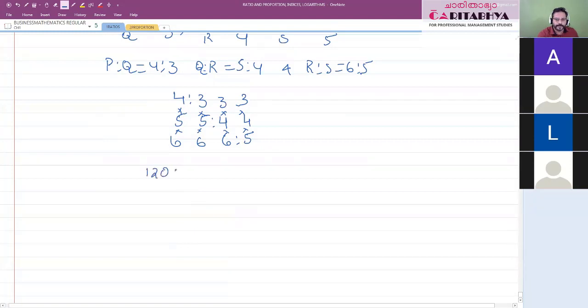So 120 is to 90 is to 72 is to 60. So നമുക്ക് 6 വെച്ച് divisible ആണ്. So simplify വരും 20 is to 15 is to 12 is to 10.